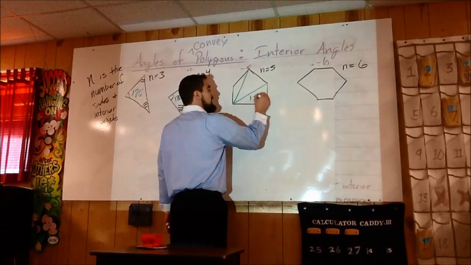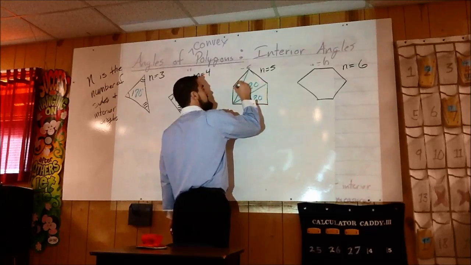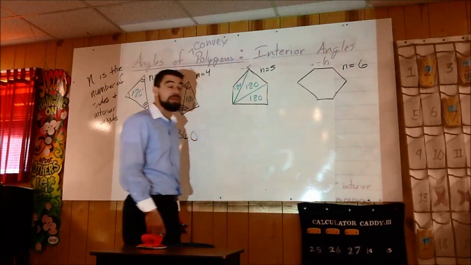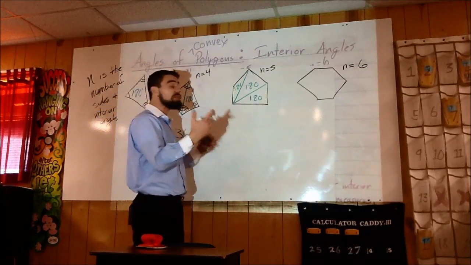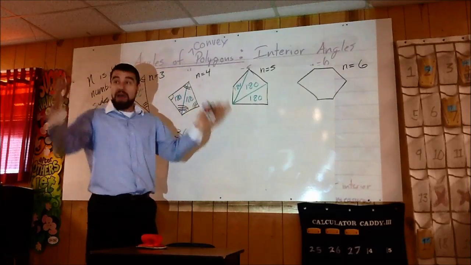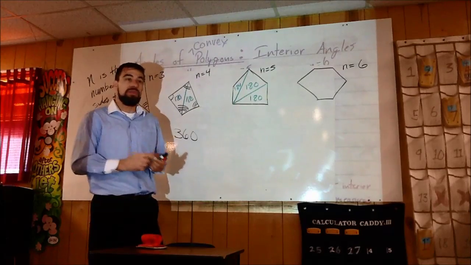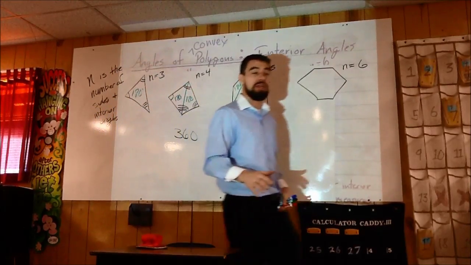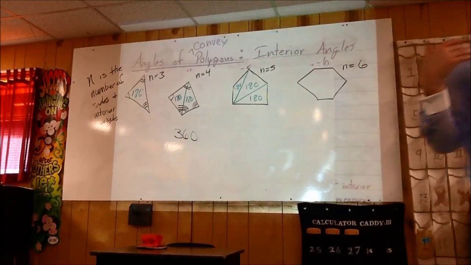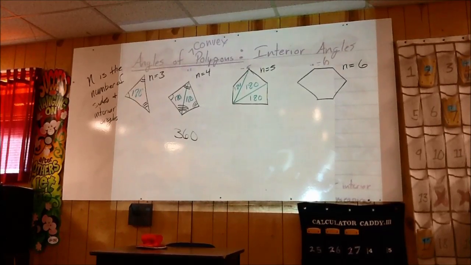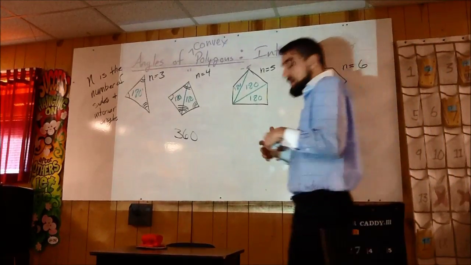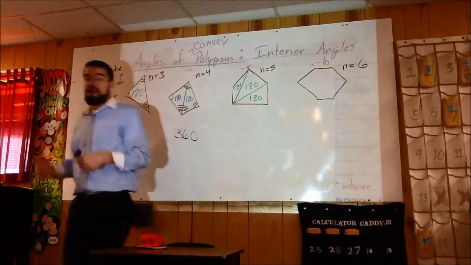3. So in that triangle, this is 180. In this triangle, that's 180. In that triangle, that's 180 degrees. And we can see that these 3 triangles account for all 5 of these interior angles. So if you have a pentagon, it does not matter what it looks like, because y'all's pentagons look different than mine. They have different side lengths, but it doesn't matter.